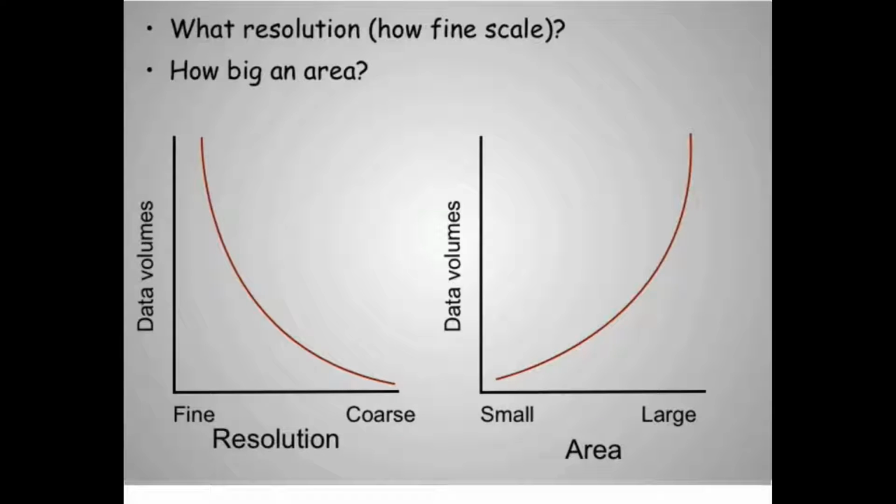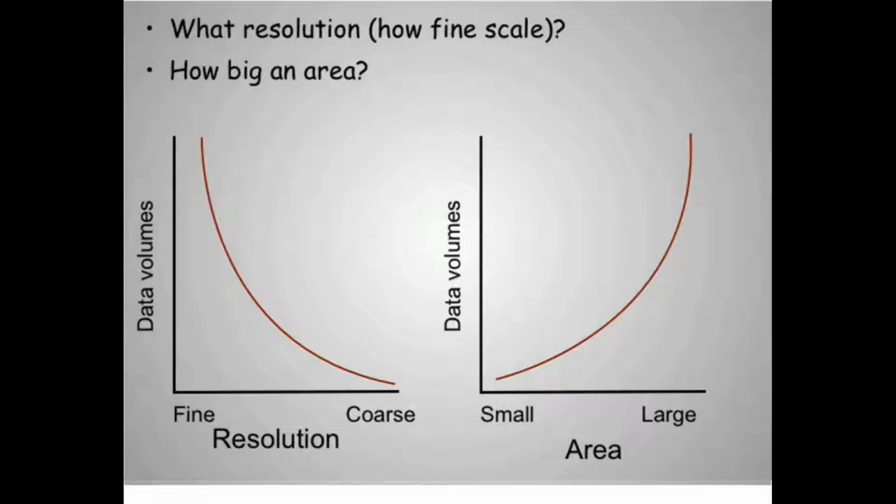They may not be as precise, but they'll be cheaper and faster to produce. Same with area. If we have a really large area, we're going to have bigger data volume and higher processing time.